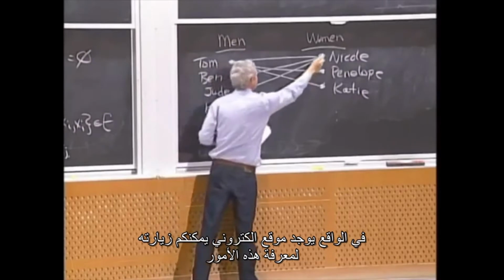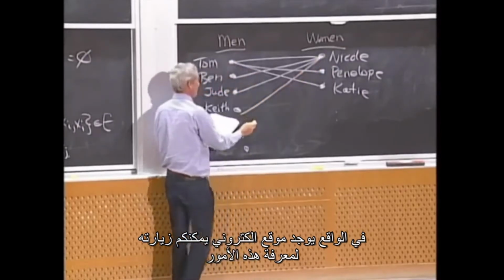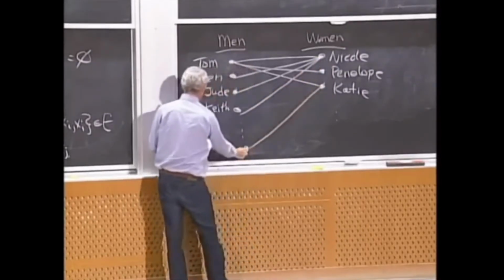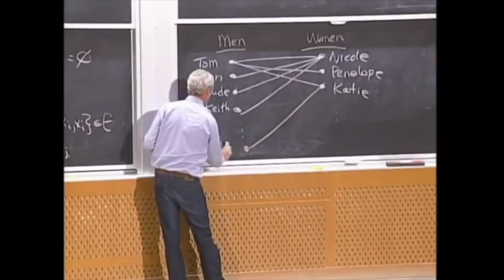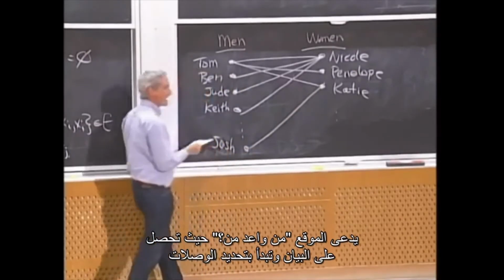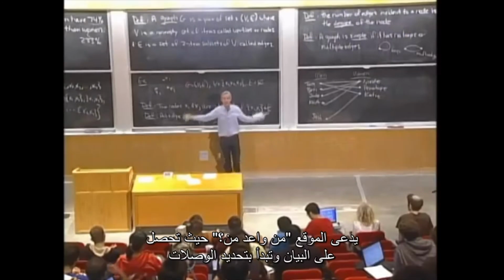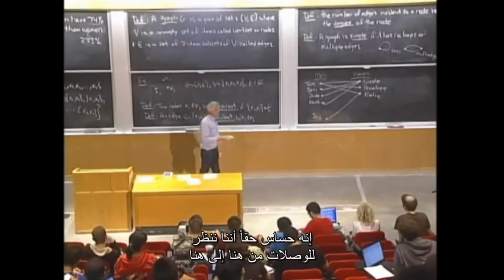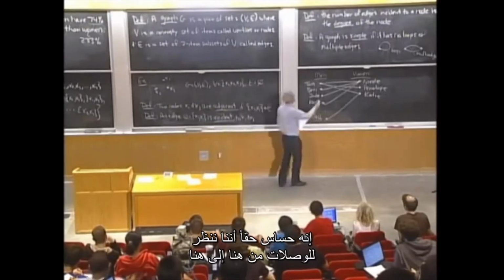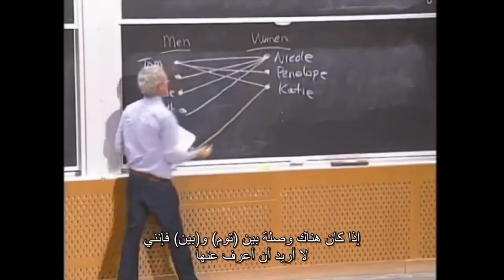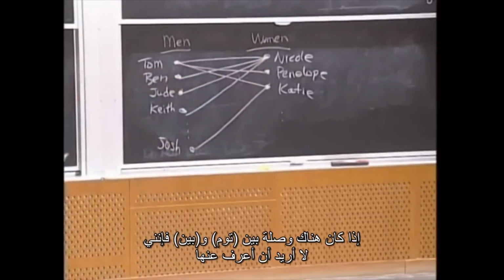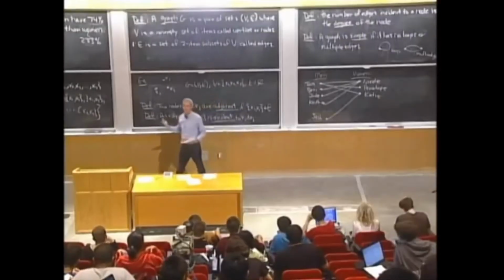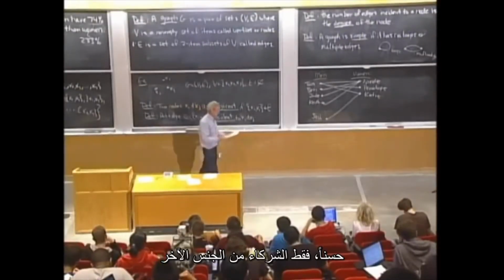There's actually a website you can go to get a lot of these things here. And Katie went with Josh. It's called who'sdatedwho.com, and you get a big graph. You can start filling in the edges. I don't know how reliable it is. Now, it's really critical that we're only looking at edges from here to here. All right, so if there's an edge between Tom and Ben, I don't want to know about it. All right, so just opposite gender partners.